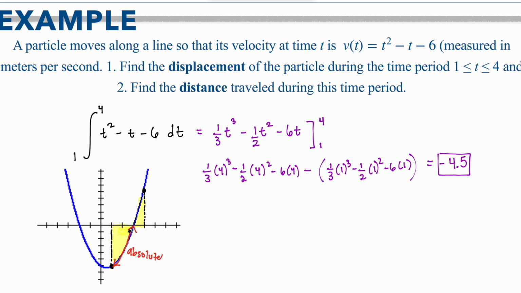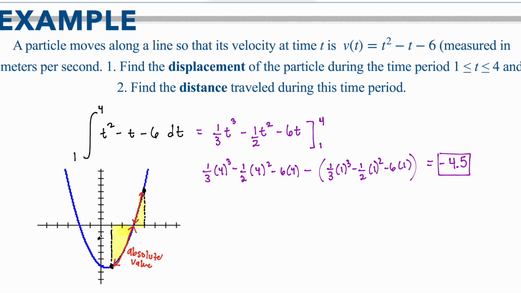Even though I am traveling in a negative direction, I am still traveling that distance. And then I need to know what that is to what this is as an absolute value as well. And then I'm going to add these two distances apart.